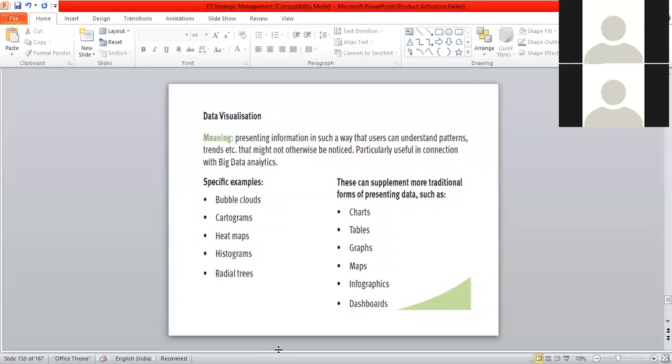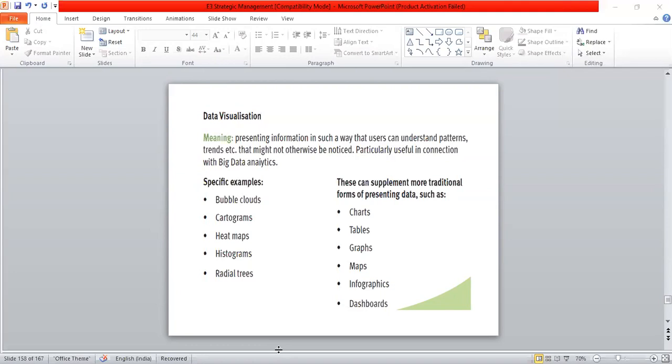These can supplement more traditional forms of presenting data, such as the conventional ones: charts, tables, graphs, maps, infographics, and dashboards. Now they are supported with other new technologies or new things which are used as data visualization.